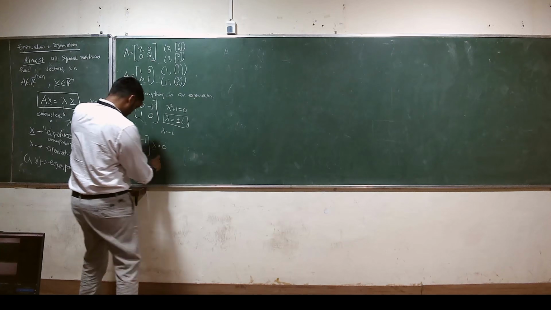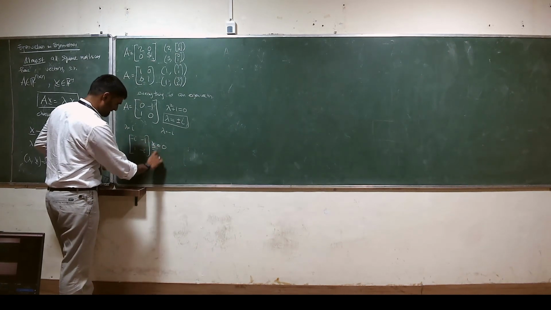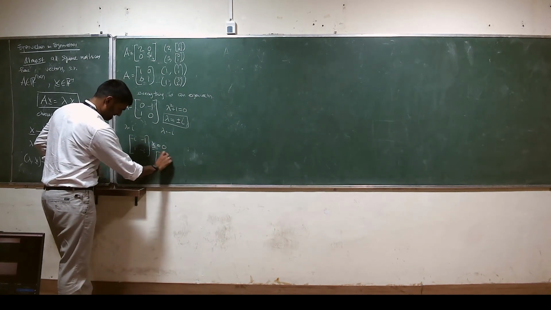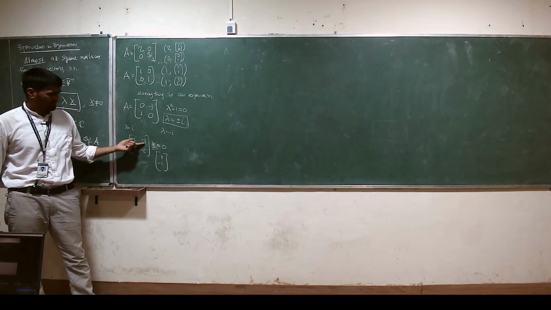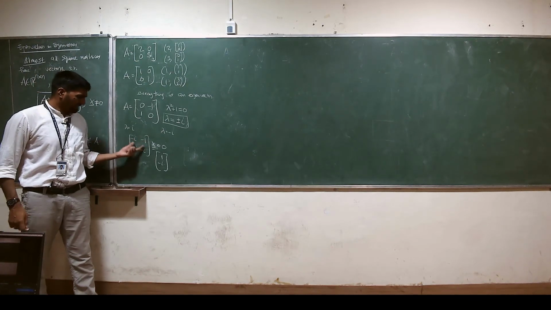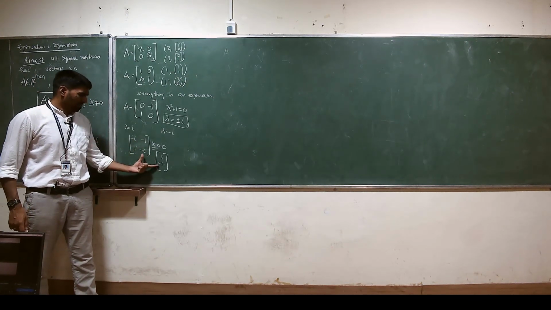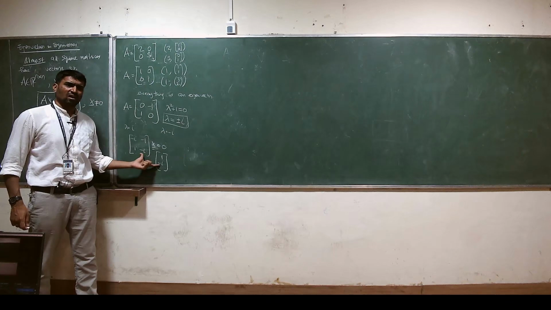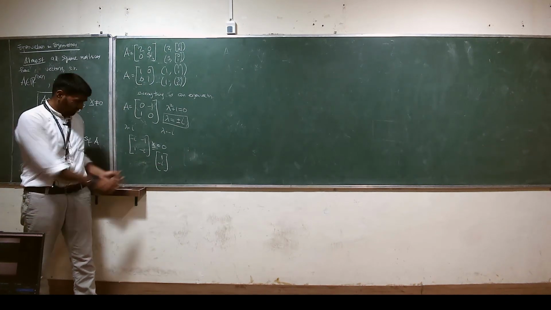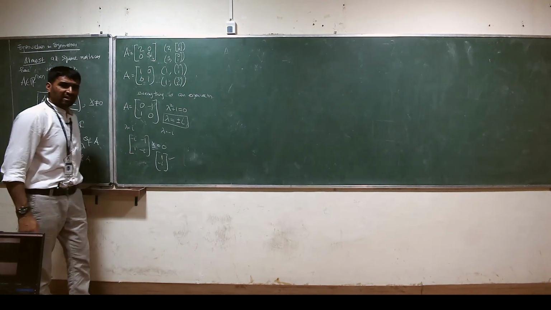Yeah, you're probably right. So this will be x. 1 minus I, that will give you 0. This will be 1 minus I, which is I square plus I square, which is minus 1. This is okay. This is one of the eigenvectors.